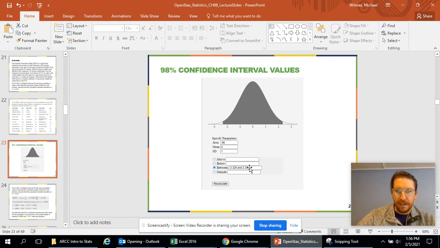And so we're going to look between these numbers here. So this is going to tell us from the average, we're going to go 2.326 sample standard deviations to the left, and we'll go 2.326 standard deviations to the right, and 98% of the averages from our samples will land in that region.